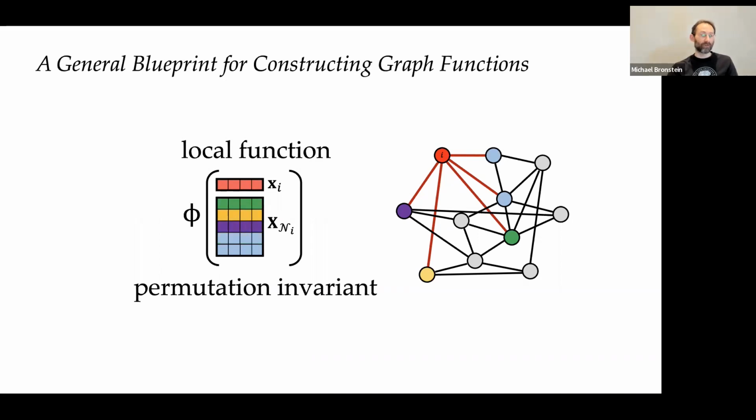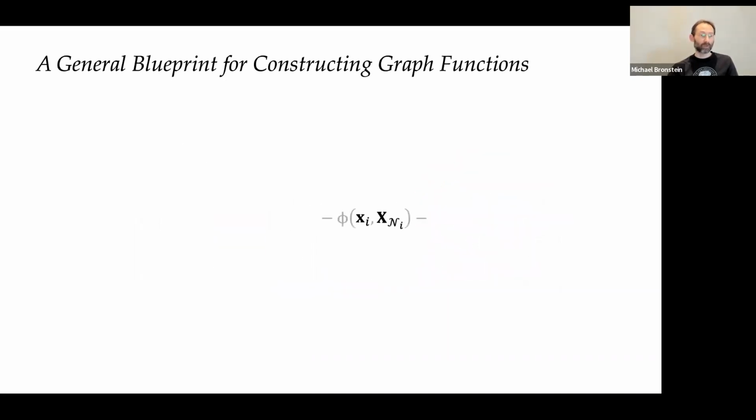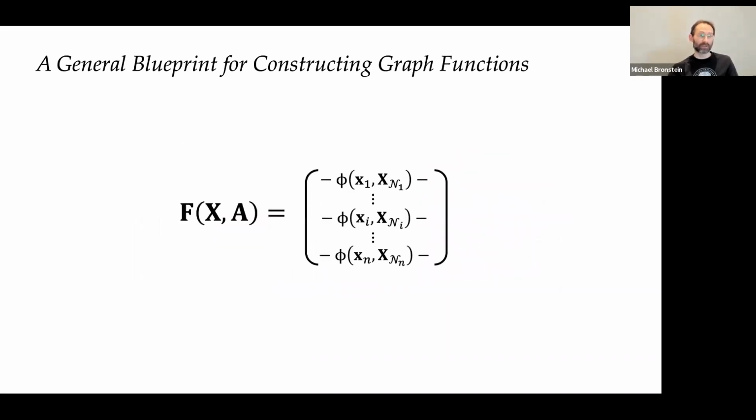Now, we do this for every node of the graph. So we get as an output a matrix of feature vectors at every node that is permutation equivariant, right? If I change the order of the nodes in the input, in the output, they will be changed exactly in the same way. And the choice of this aggregator is extremely important.